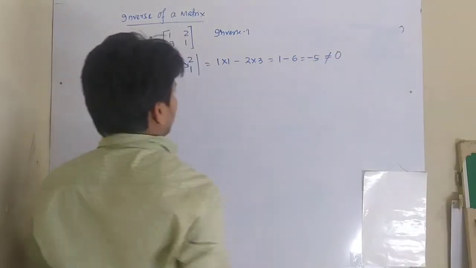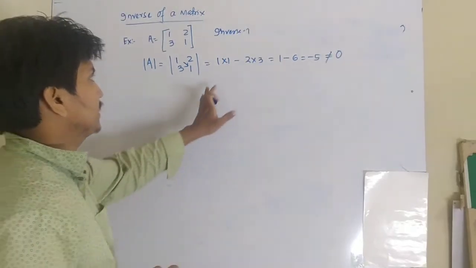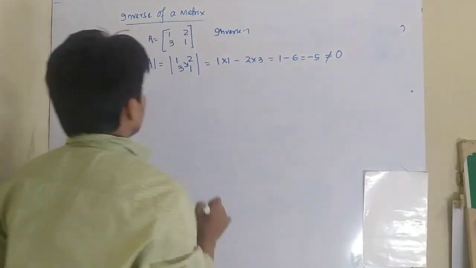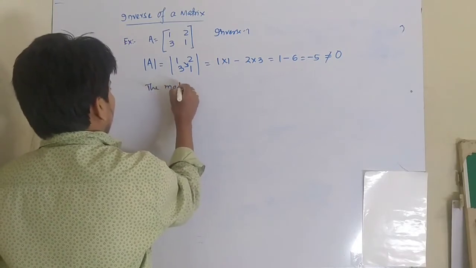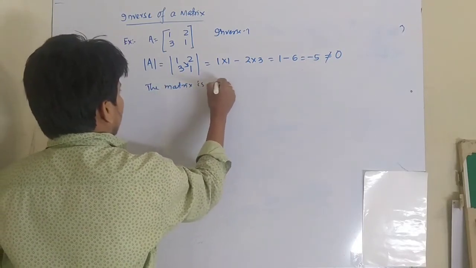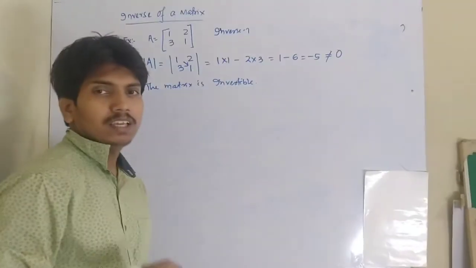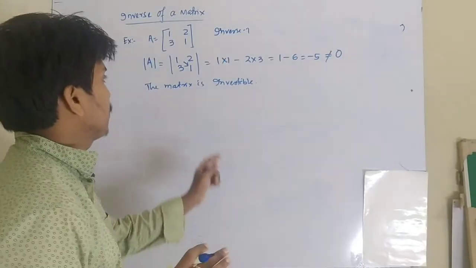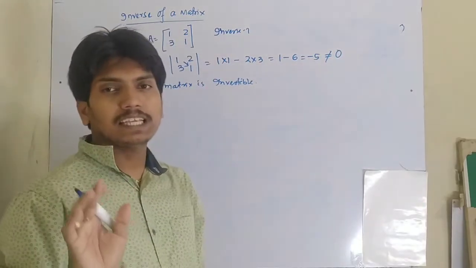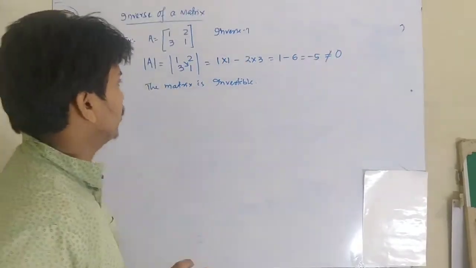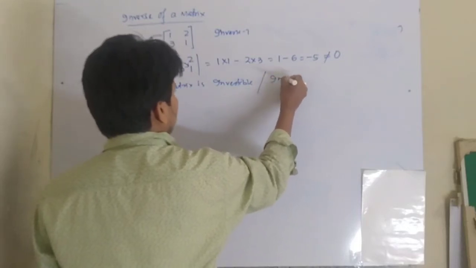This is not equal to 0, so this is a non-singular matrix. So the matrix is invertible. What is invertible? If the matrix has an inverse, then it is invertible. Also you can write that the inverse exists.